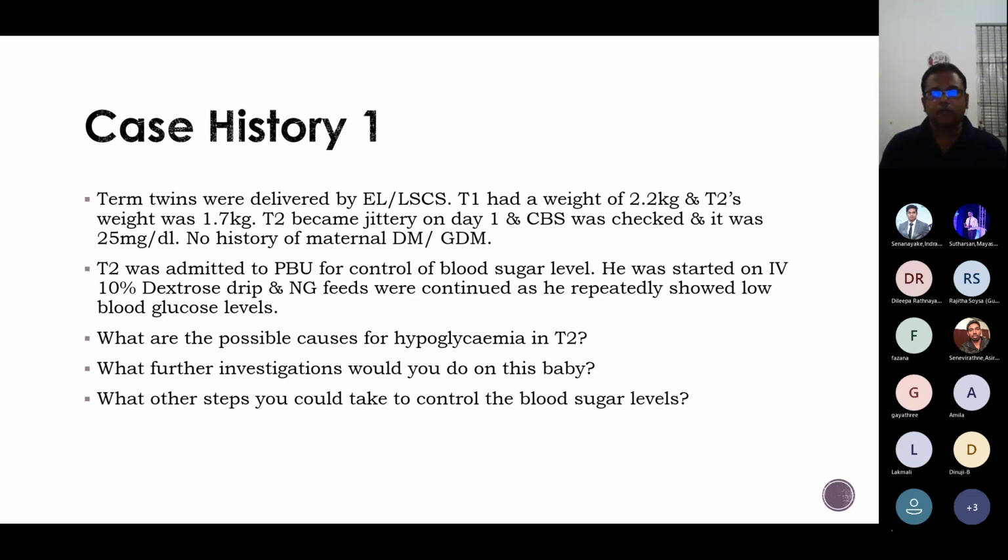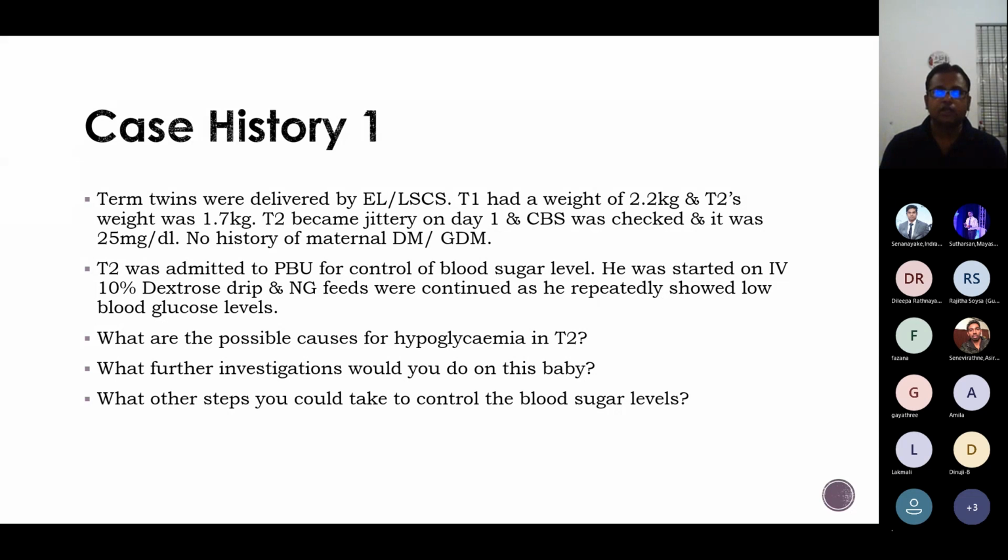Then, if the sugars are not maintaining, you can increase the fluid you are giving, that is to the next day amount, right? But still, if the sugars are coming down, then you can go for higher concentrations of dextrose, like 12.5% or 15%.